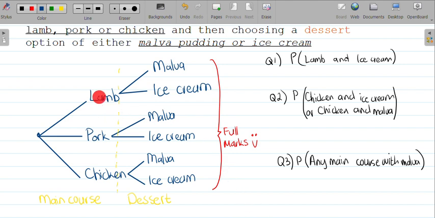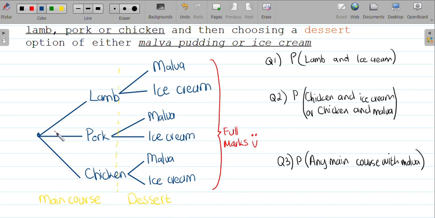So they said that there was a main course of lamb, pork, and chicken. So this is our first event. This yellow line here, you do not need to draw this in your test or answer sheet, but I'm just drawing it to show you the separation between the first event or situation, which was having a main course, and then the second event or situation, which is having a dessert.